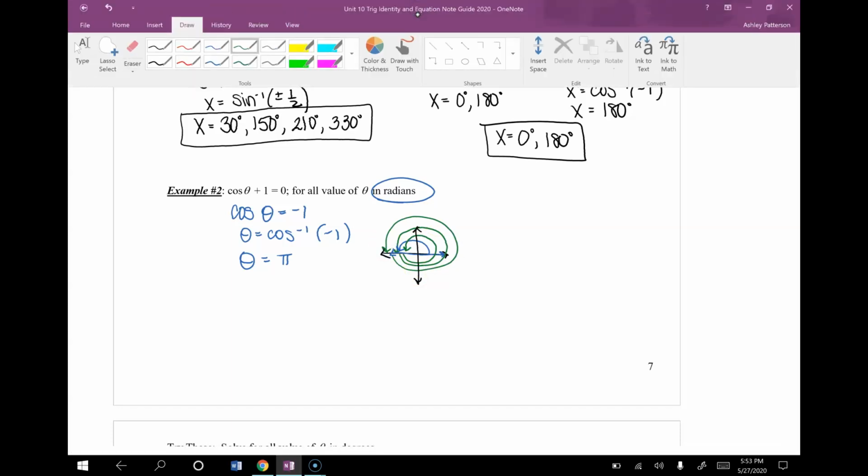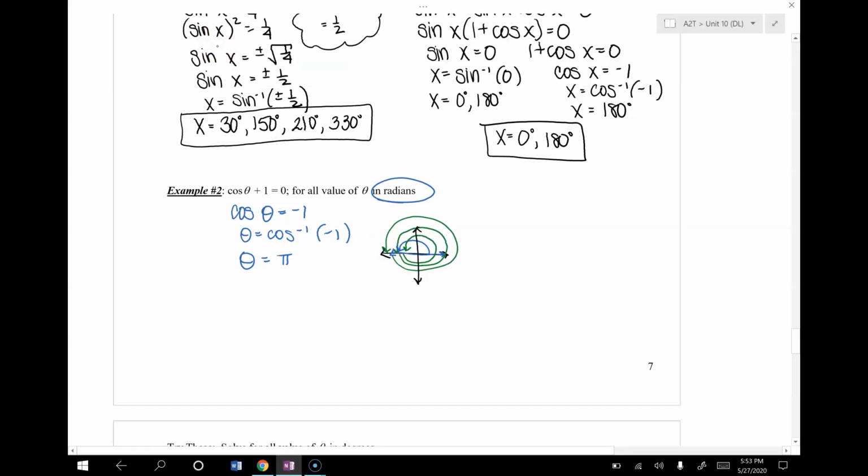It occurs at every 2 pi radians. So we're going to say that theta is pi plus 2 pi k, where k is any integer. You have to establish what k is, otherwise k has no value.